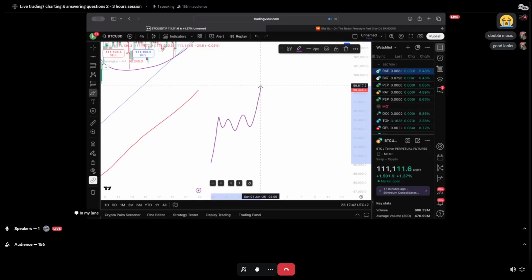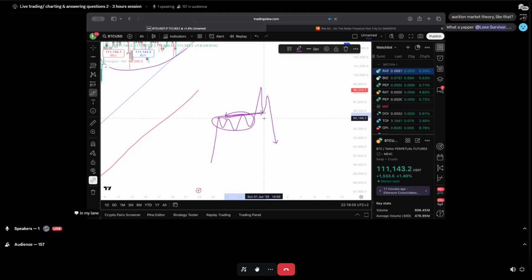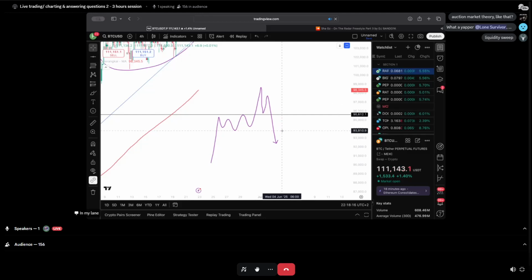We break out, go down, then up again, then boom. We didn't just go up here. This was the top of the range. I mean, the range high. The past range high is here. So we didn't just go back down and bounce for no reason. There were buyers here.